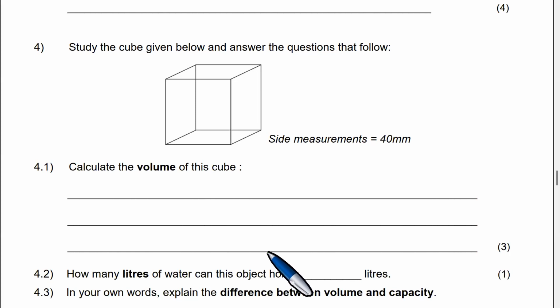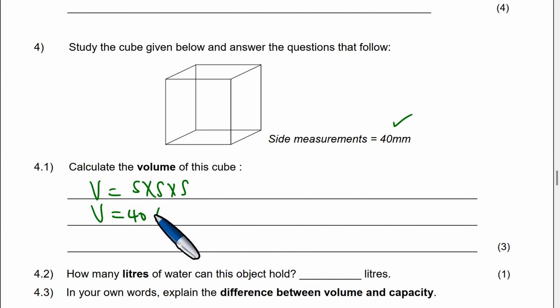Let us check. What is the volume formula? The volume formula is that V is side by side by side. So if this one is 40, then it's going to be 40 by 40 by 40. And what is the answer?